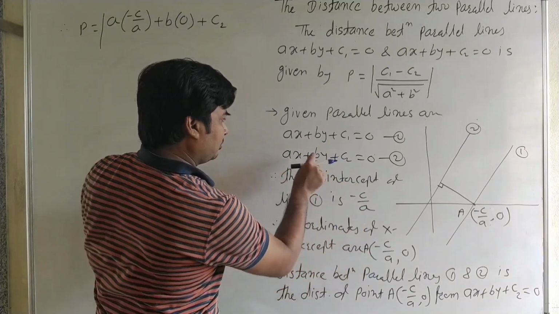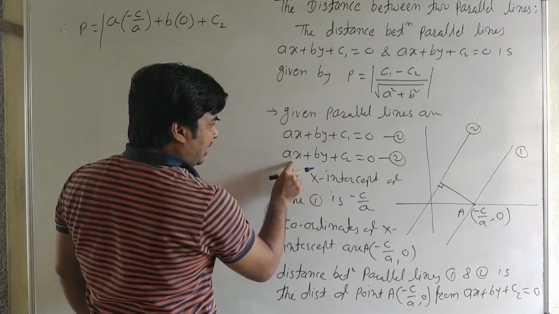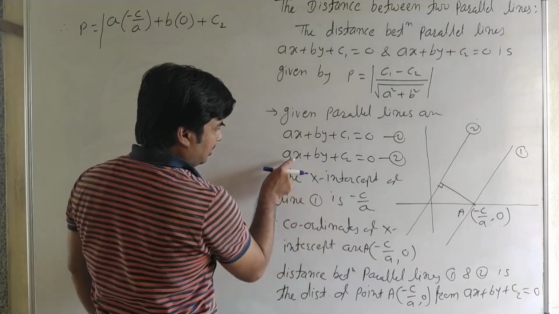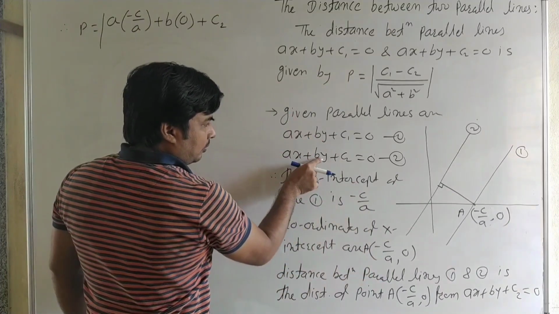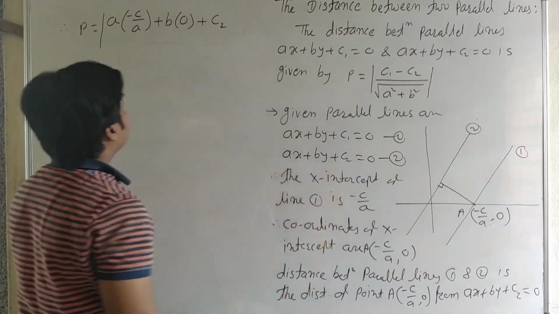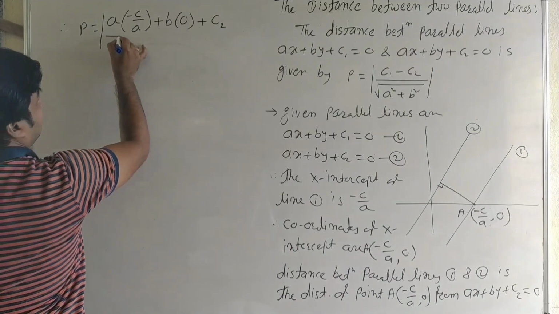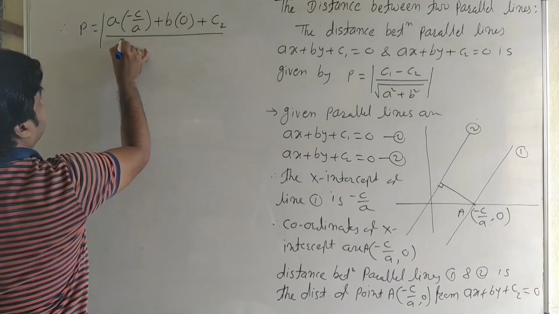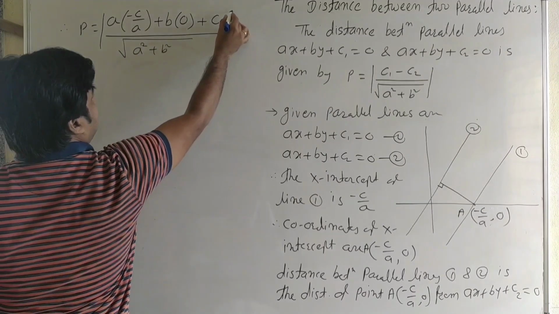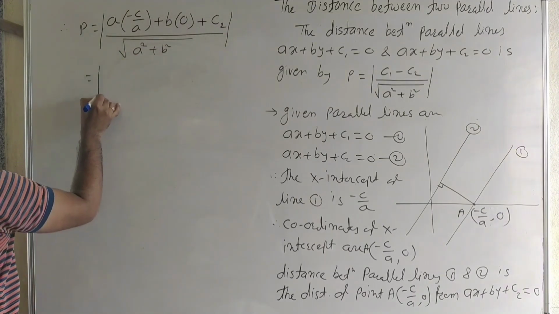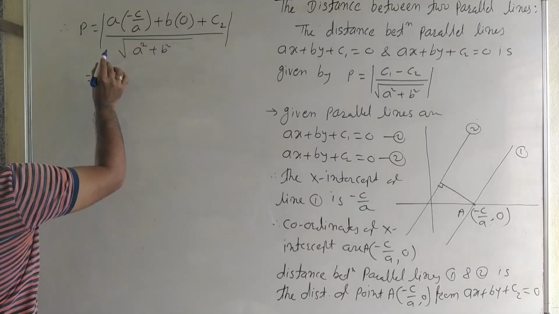Distance of a point from the line: replace x and y by the point, put the value of x as minus c by a, put the value of y as 0, and c2. And now calculate. Here this cancels.